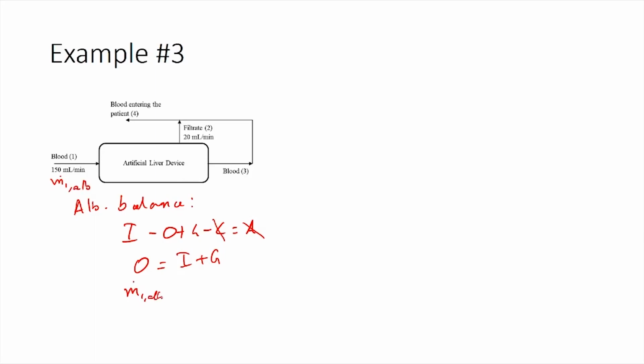M1 albumin is known to be 2 micrograms per ml concentration coming in. So, 150 ml per minute times 2 micrograms per ml gives you an amount of 300 micrograms per minute. So, 300 micrograms per minute of albumin is entering into the artificial liver device.